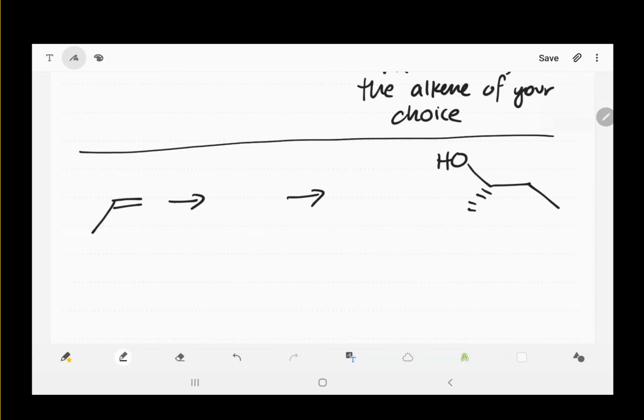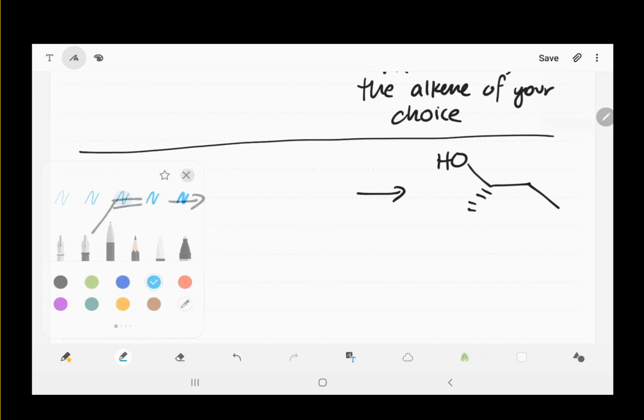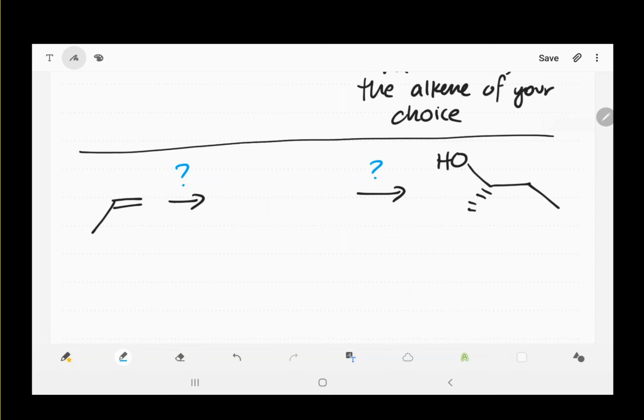How might we make this? I'll give you a hint. The middle thing is going to be something that we've seen before. This whole chapter. This whole day, I guess, actually, we've been focusing on it.